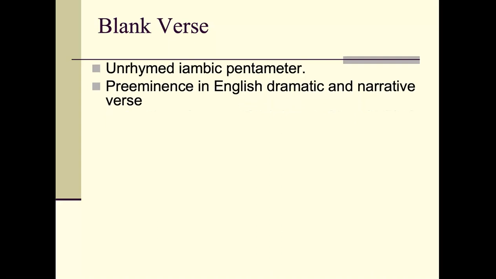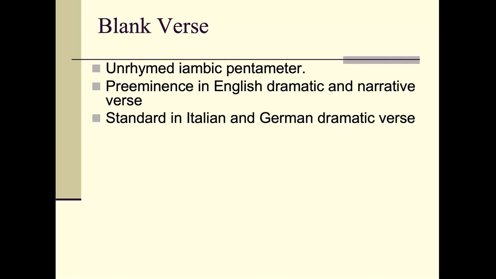And blank verse then is often unrhymed iambic pentameter, and it's the preeminent dramatic and narrative verse form in English writing. It's also the standard form for dramatic verse in Italian and German. It's considered a very rich and versatile type of verse.